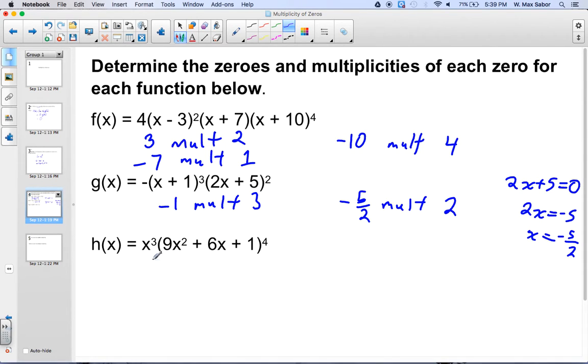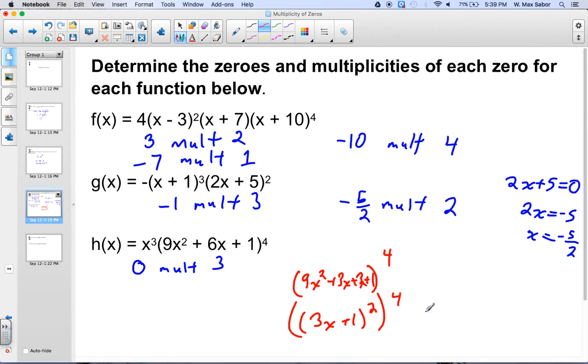What about here? Well, 0 has a multiplicity of 3 because of the x cubed. That's x minus 0 cubed. And then over here we have something that can be factored. This can be factored as 9x squared plus 3x plus 3x plus 1. So this is the same thing as 3x plus 1 squared, and that's then being raised to the 4th power.